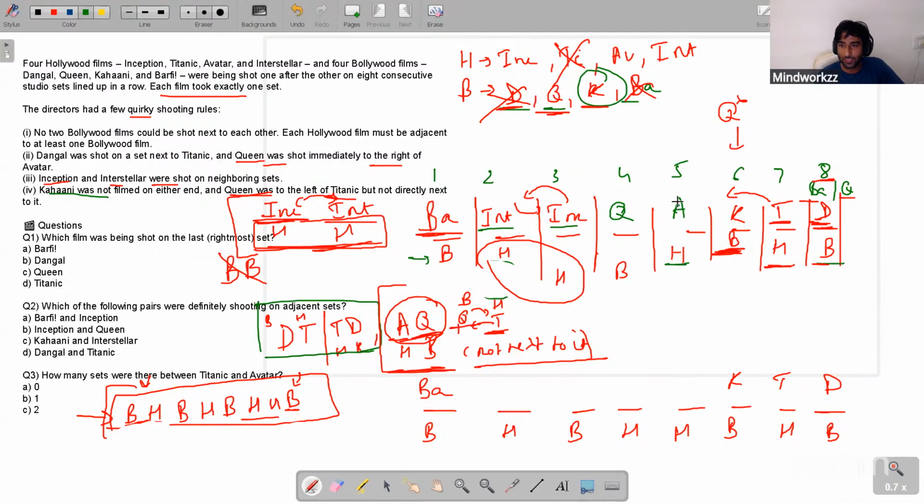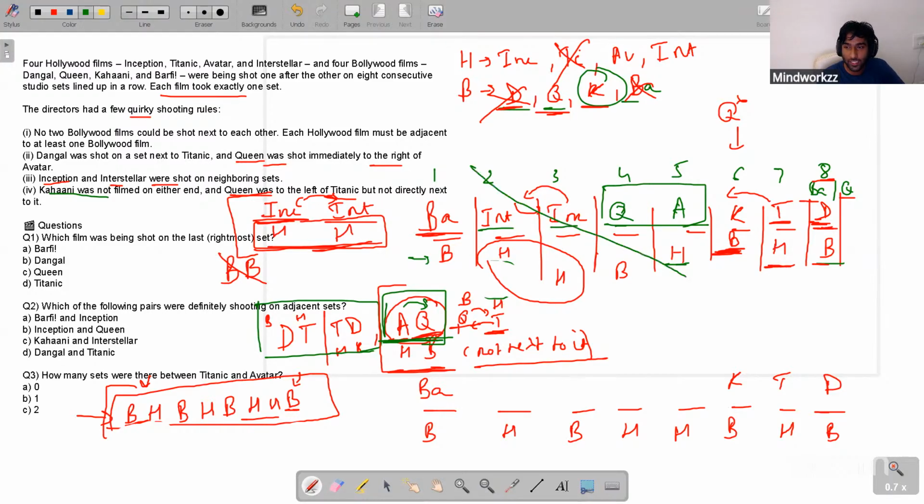The problem with this is that we know from this clue that Avatar and Queen are next to each other, and Queen is to the right of Avatar, right? And in this possibility, you can see that Queen is actually coming to the left of Avatar, not right.